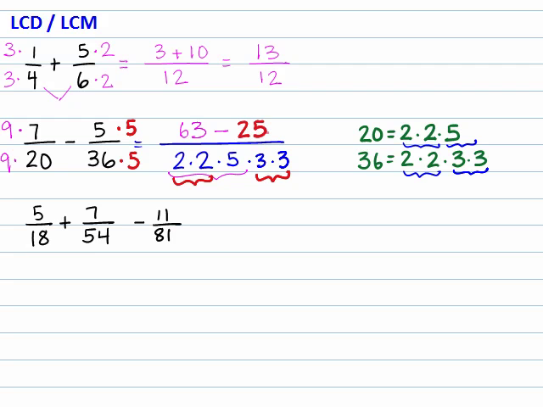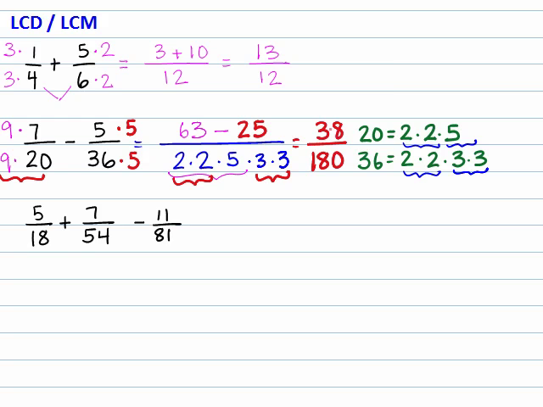Obviously, I don't know how much 36 times 5 is, but I know how much 9 times 20 is. 9 times 20 is 180, that was the least common denominator, and 63 minus 25 is 38. So the answer is 38 divided by 180.